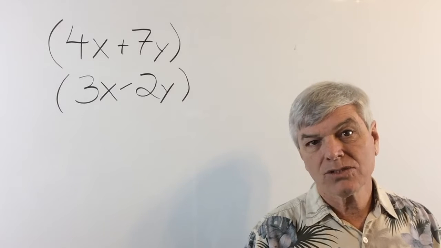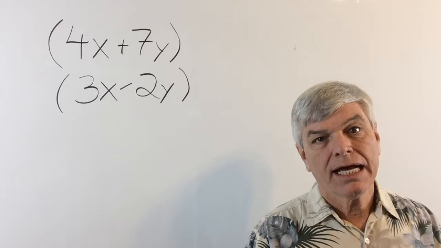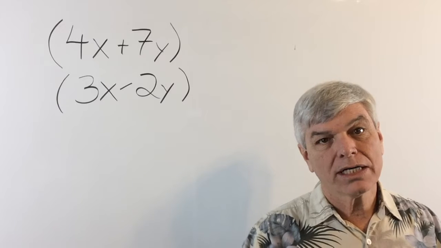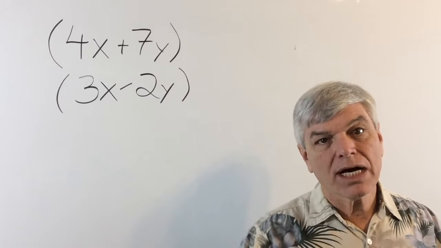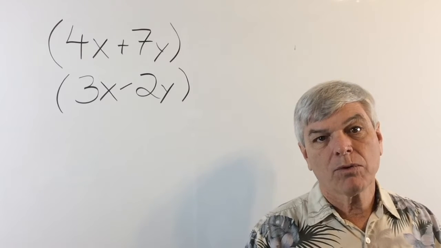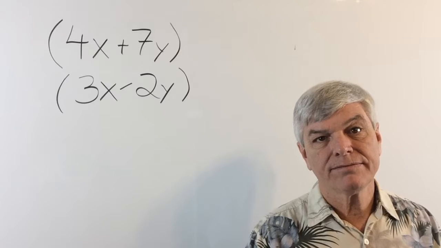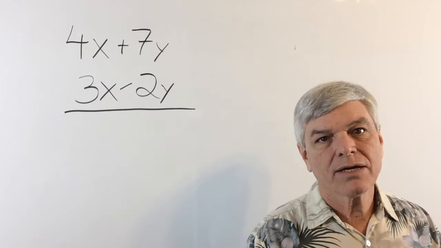Just like that, and that's why we call it multiplying by rows. And look, we have the x's in one column. We have the y's in another column, so that's useful. And when we're multiplying like this, we do not need those parentheses. So that's what it's going to look like when we start.